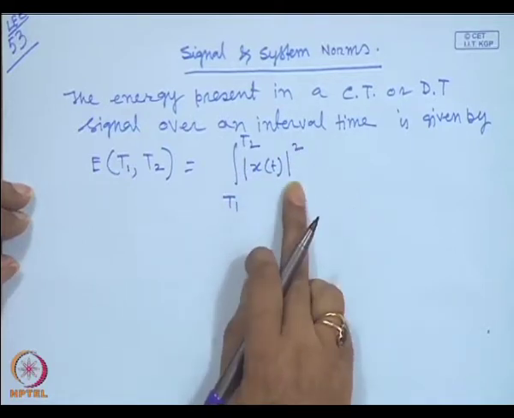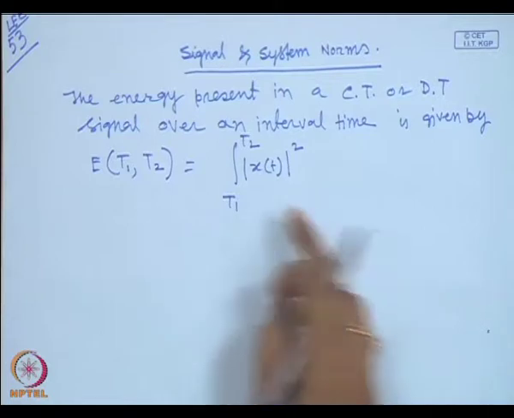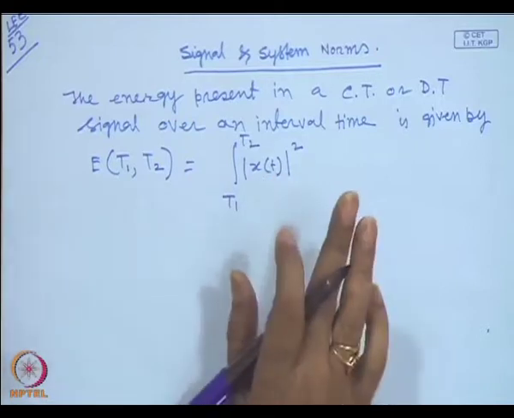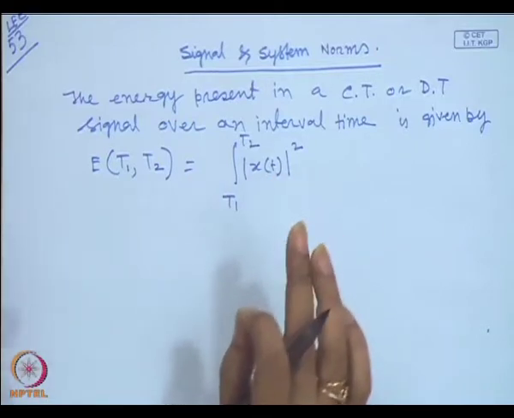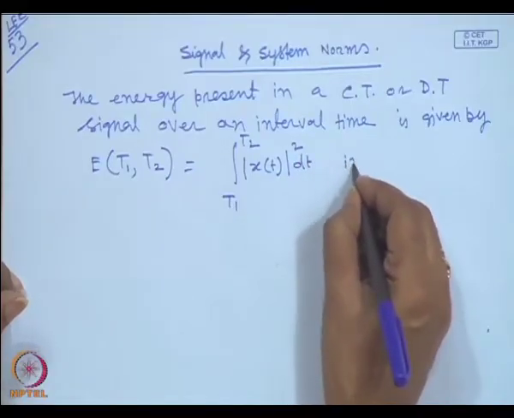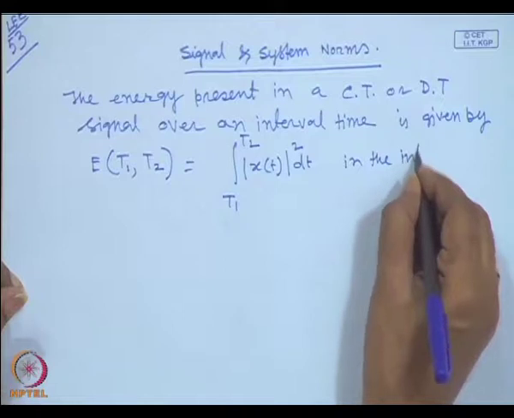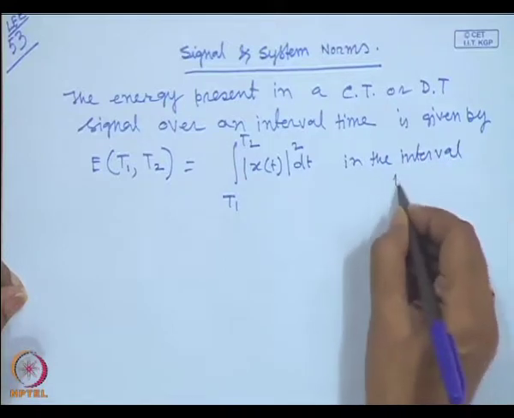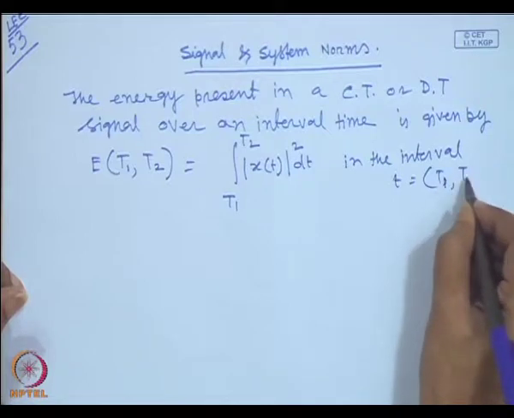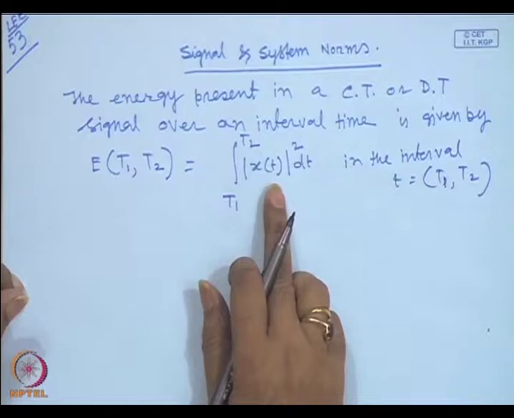Why have I taken the mod? Suppose the signal is complex, then you have to take the absolute value of that signal. For the time being I am considering a scalar signal. So, this is dt in the interval t equal to T1 comma T2. How is it energy? Suppose we have a resistance whose value is 1 ohm, and I send a current I through it.